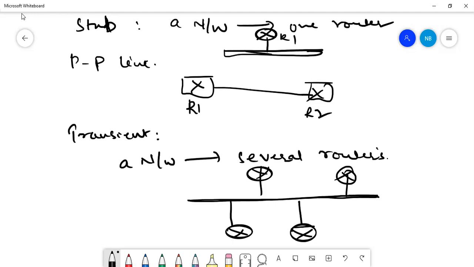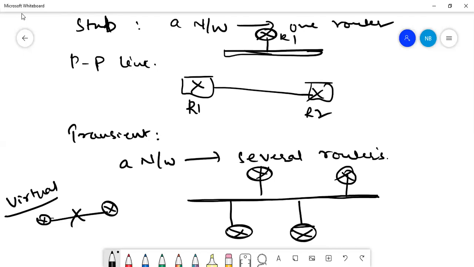Coming to the virtual link. Whenever a link between two routers is broken, let us say there are two routers, the administrator of that particular network will create a virtual link between them using a longer path that probably goes through several routers.